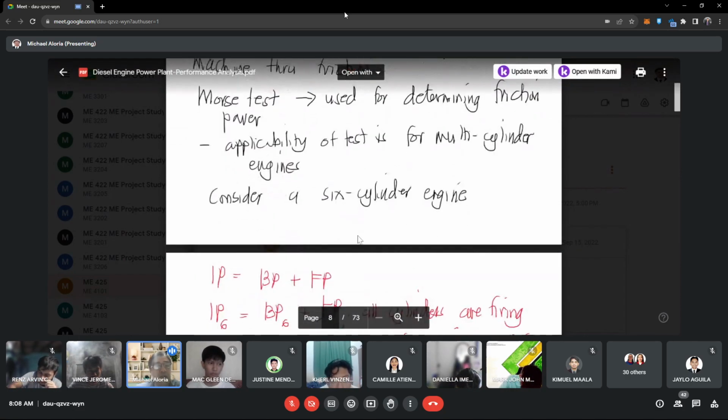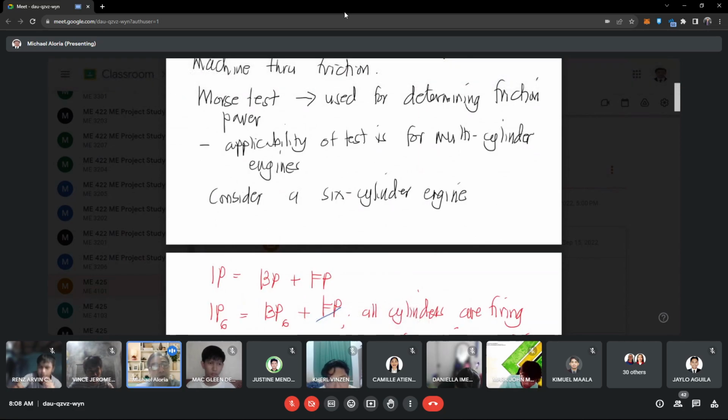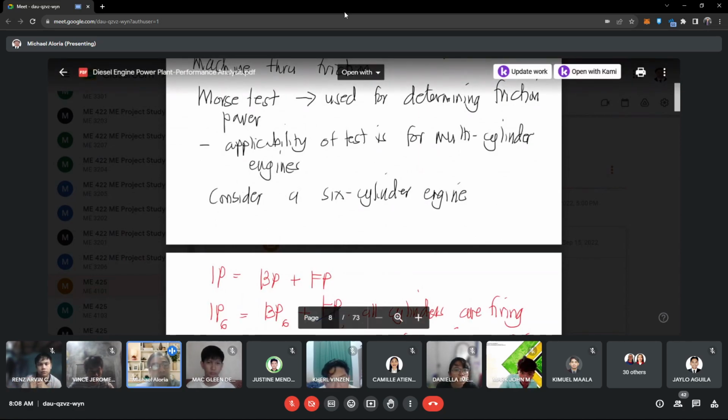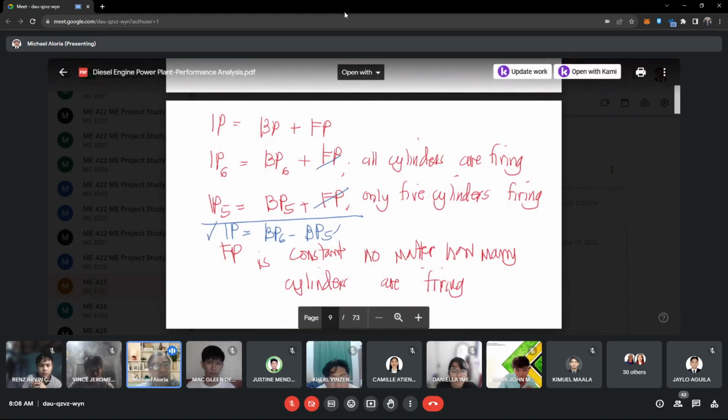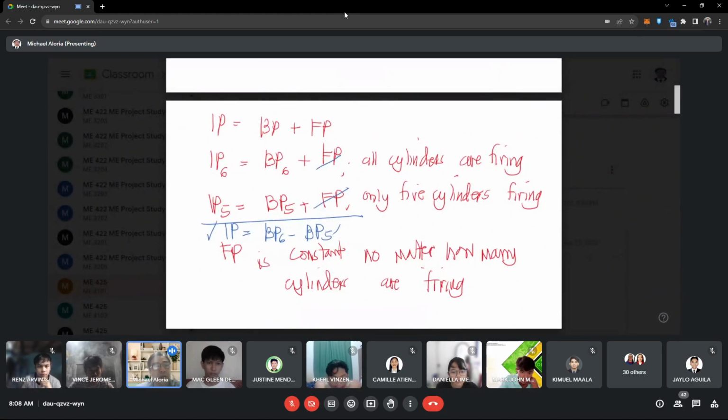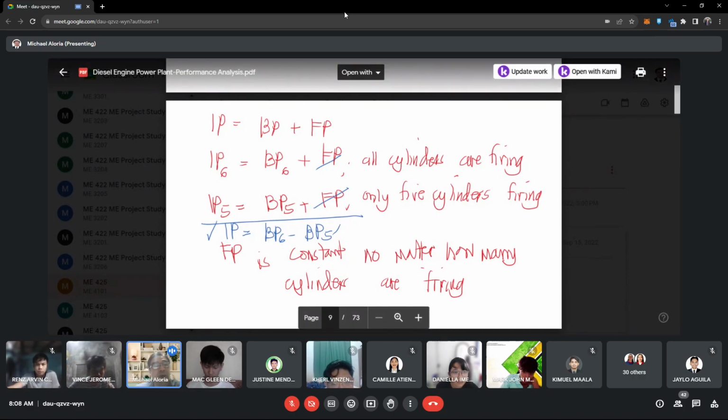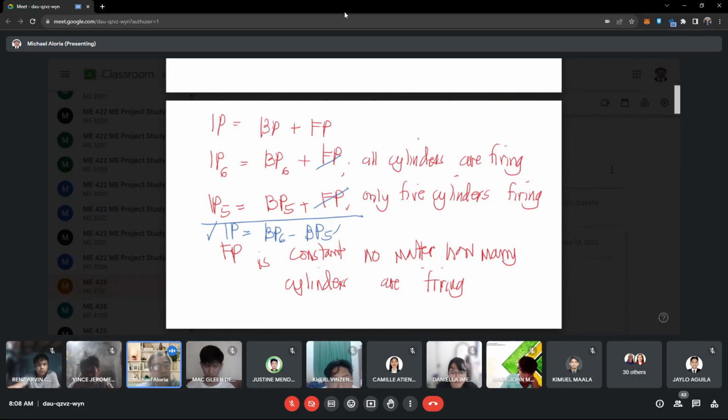If we are going to consider a six-cylinder engine, kung six-cylinder engine, ano yung relationship natin? From the basic relation for indicated power, which is equal to your brake power plus friction power, anong mangyayari? So we have your indicated power for the six-cylinder, which is equal to your brake power for the six-cylinder plus your friction power. Okay?